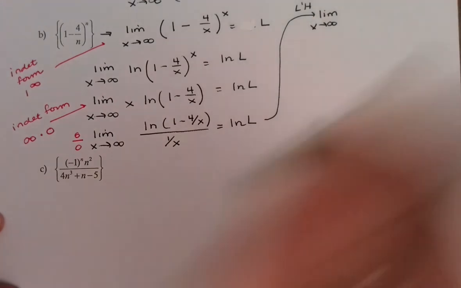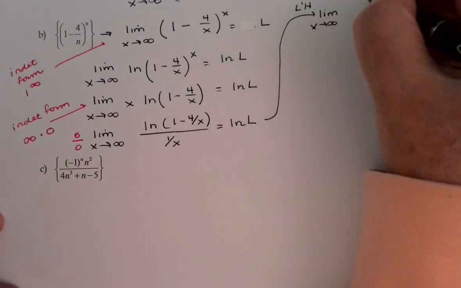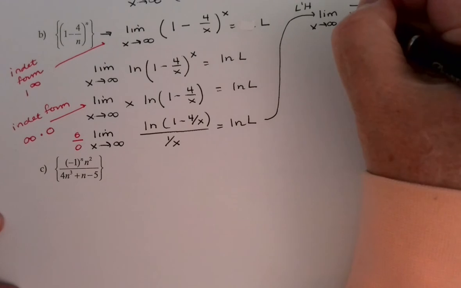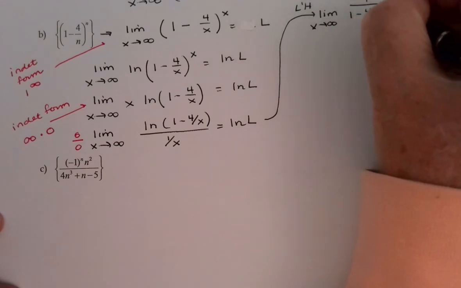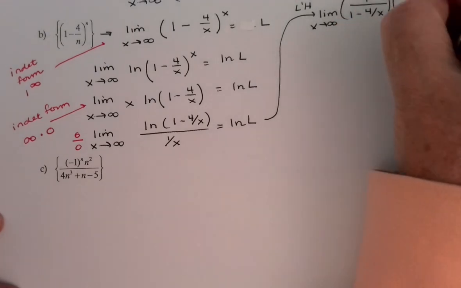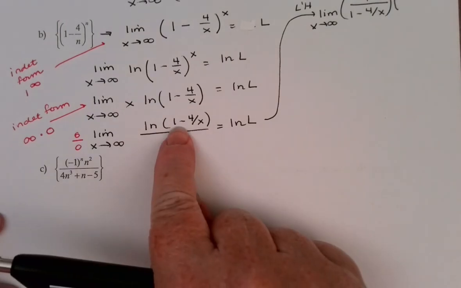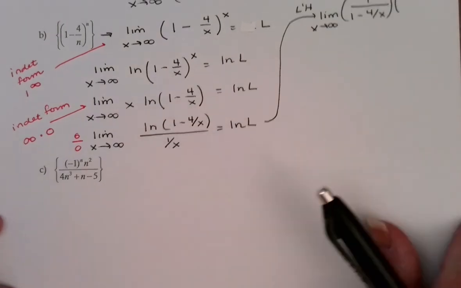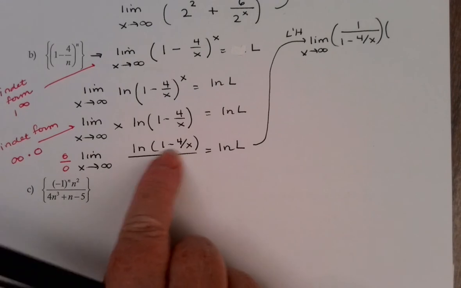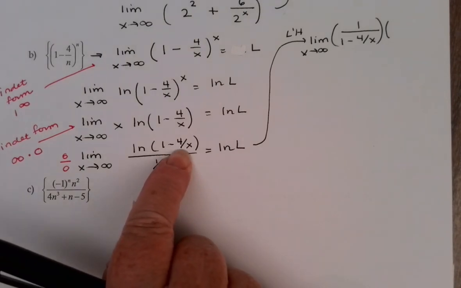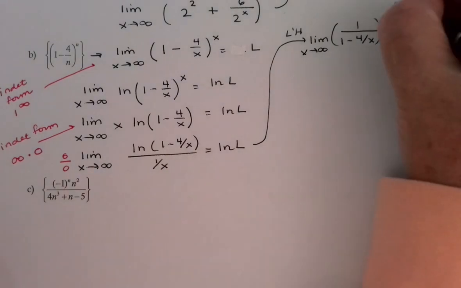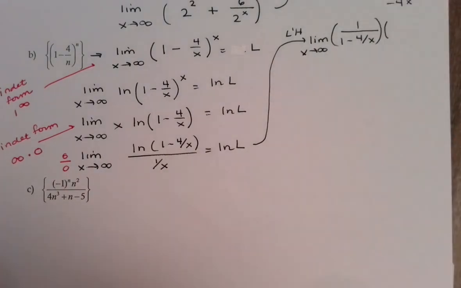We will get on the top 1 over 1 minus 4 over x. And then for the chain rule, the derivative of the argument here would be 0 minus, and that's actually like a 4x to the negative first. Negative 4x to the negative first.